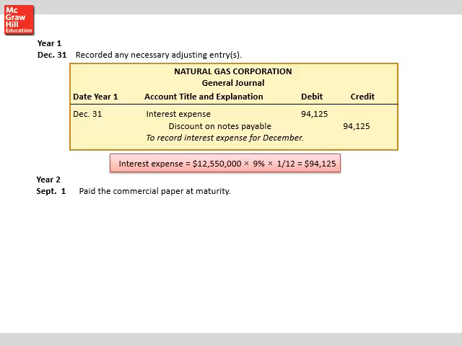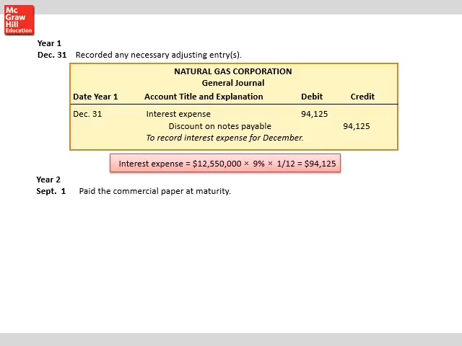Finally, the last entry we make on this one is that we pay the commercial paper at maturity. Okay, so we're going to pay the full 12,550,000. So that's going to be cash out. So that's going to end up being our credit at the bottom of this entry. Then we're going to have the discounts on notes payable.